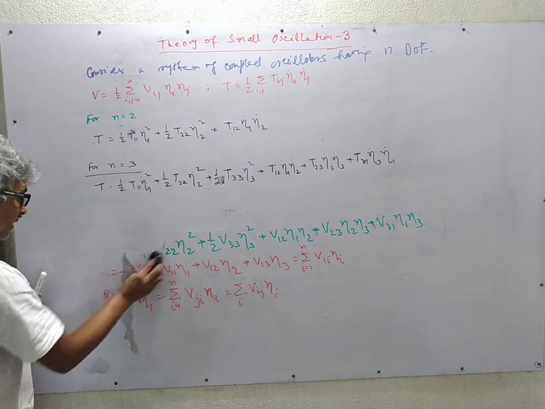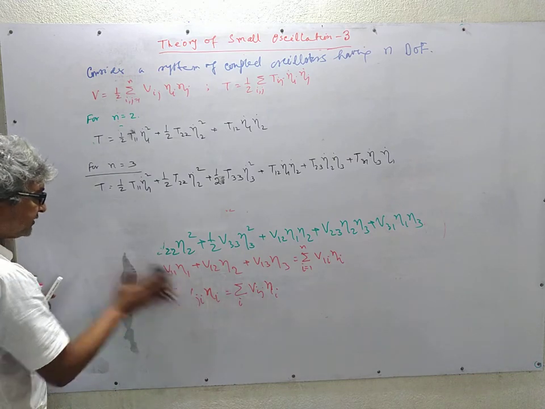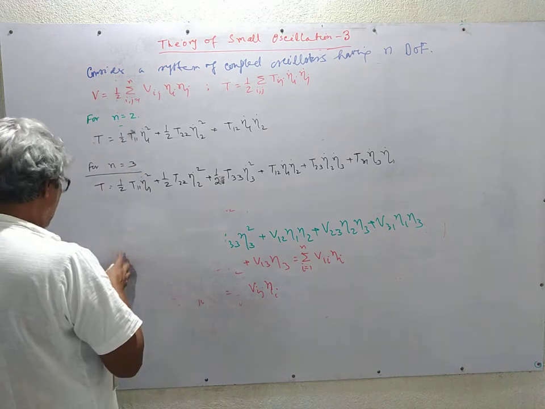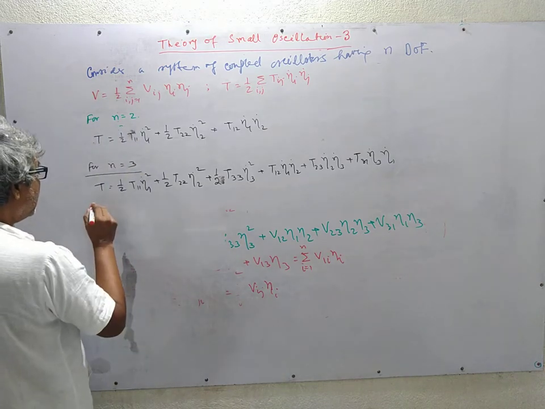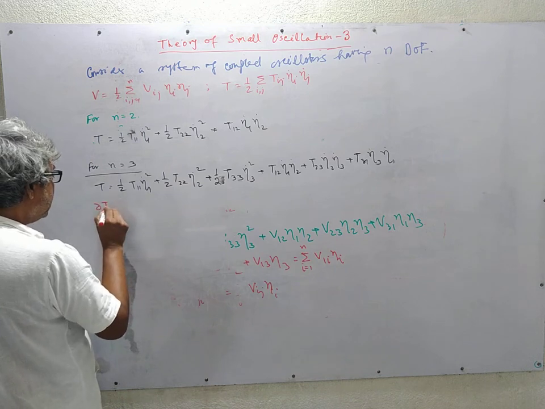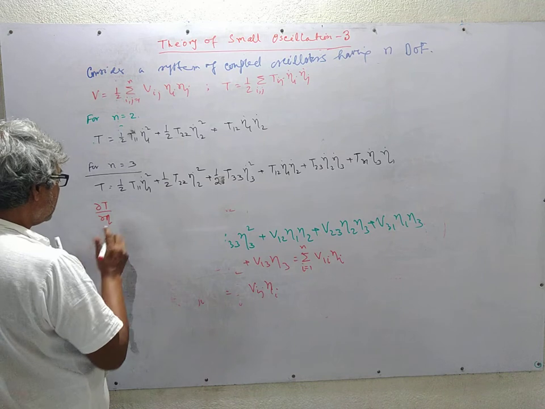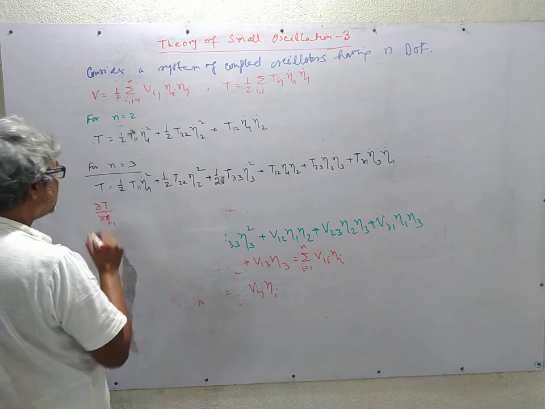And if we differentiate with respect to the dots, then what we will get? del T del eta i dot, eta 1 dot.